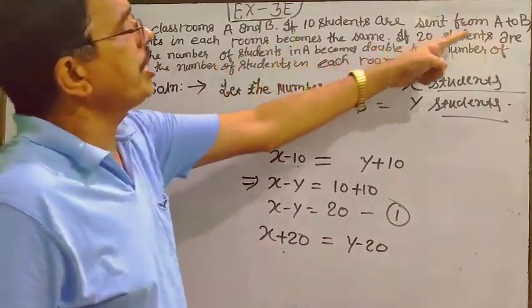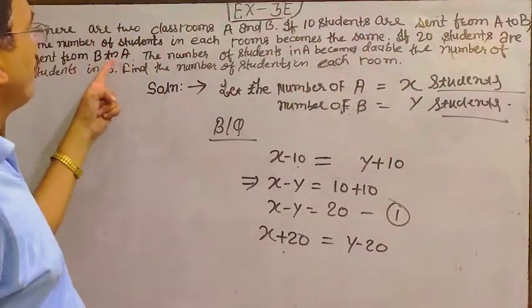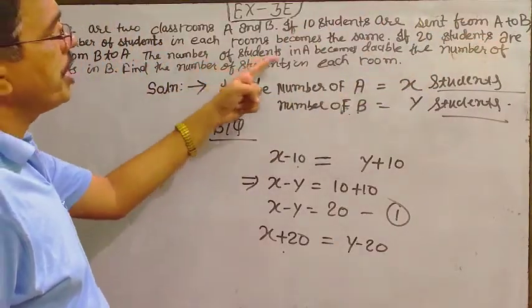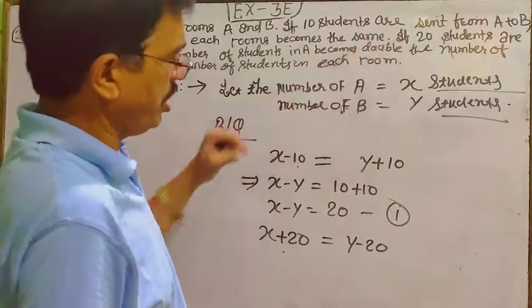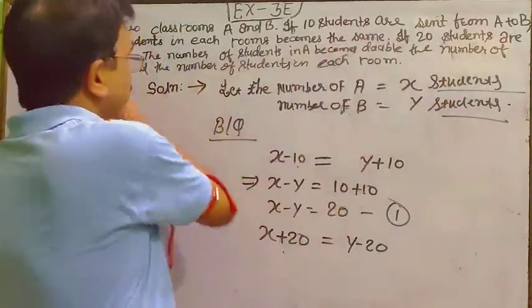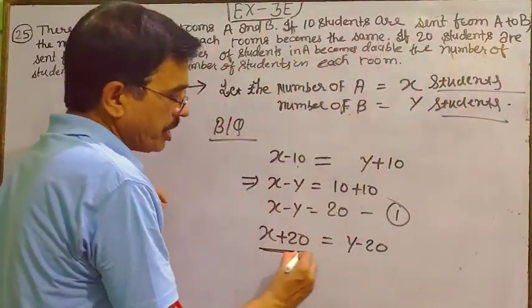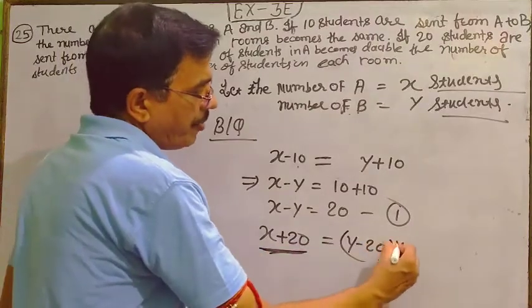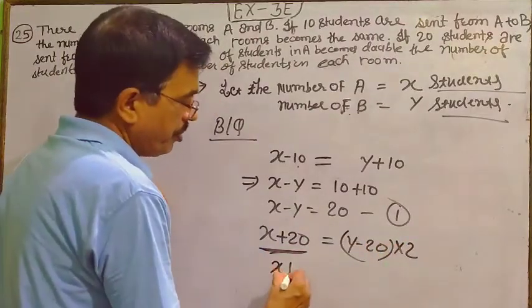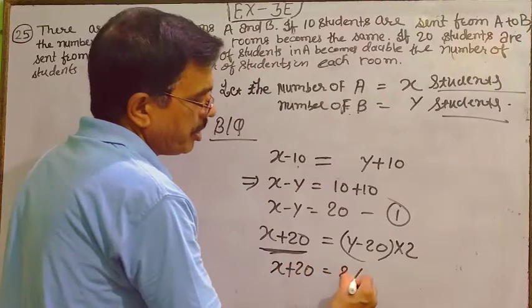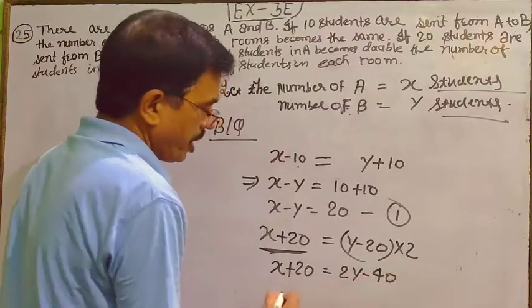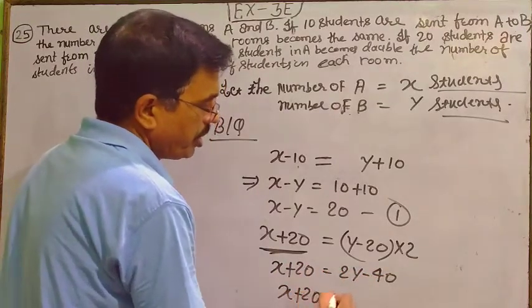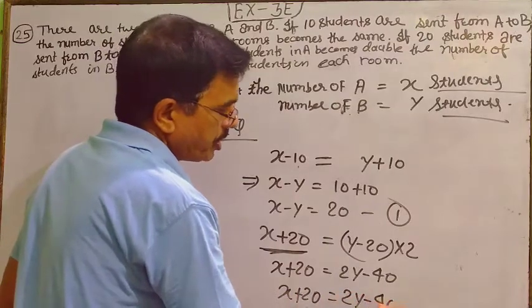Now if 20 students are sent from B to A, the number of students in A becomes double the number of B. That means the number of students in A is double that of B. So X plus 20 is equal to 2y minus 40.